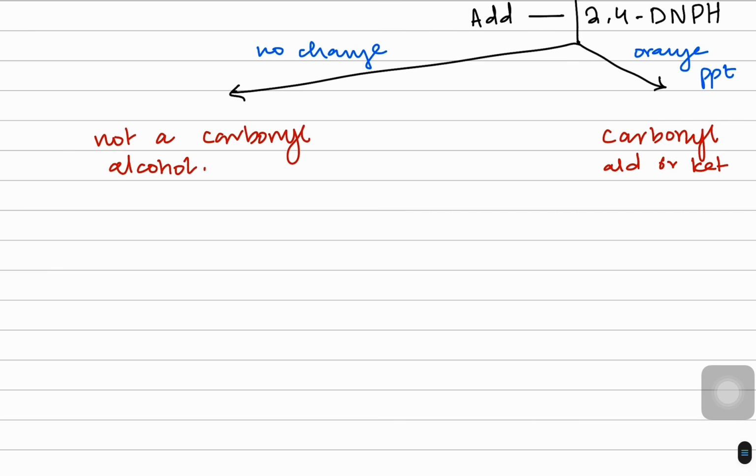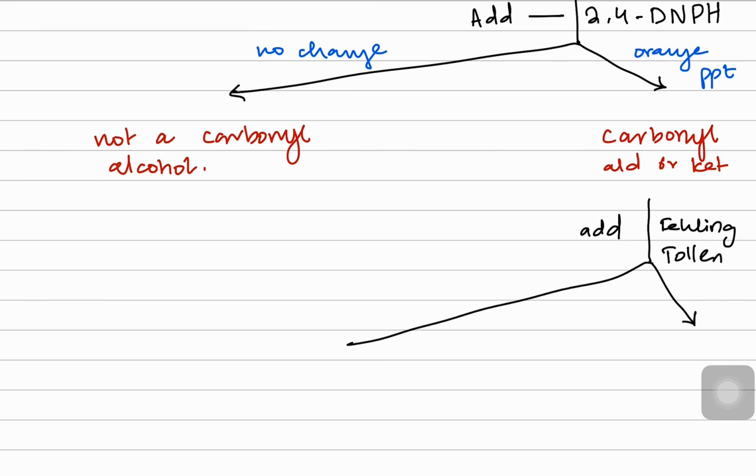If you were confirmed about the carbonyl nature because of the orange precipitate with 2,4-DNPH, I would say add Fehling solution or add Tollens solution.